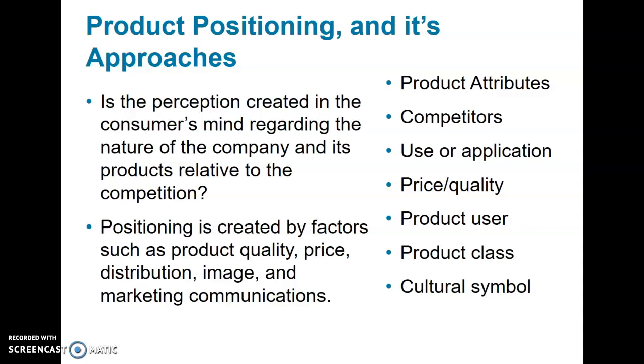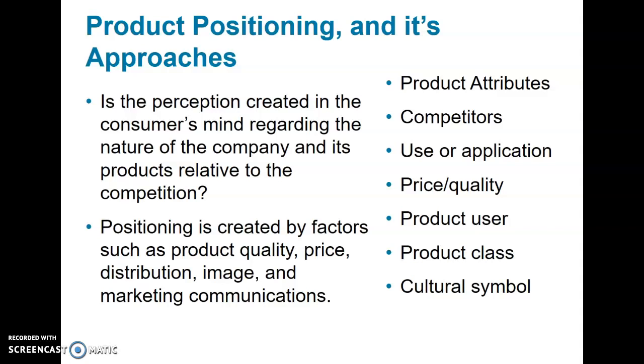The use or application involves creating a memorable set of uses for a product. The price or the quality positioning can occur in 2 ways: by emphasizing the value or the low price, or by emphasizing the high quality. The product user approach emphasizes who uses the product, such as educators for Apple computers.